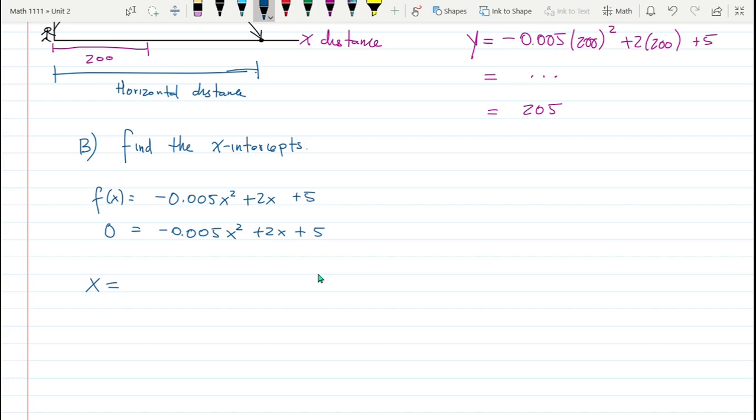Quadratic formula. Negative b, so negative 2, plus or minus the square root of b squared, so 2 squared, minus 4 times a times c, all divided by 2 times a.